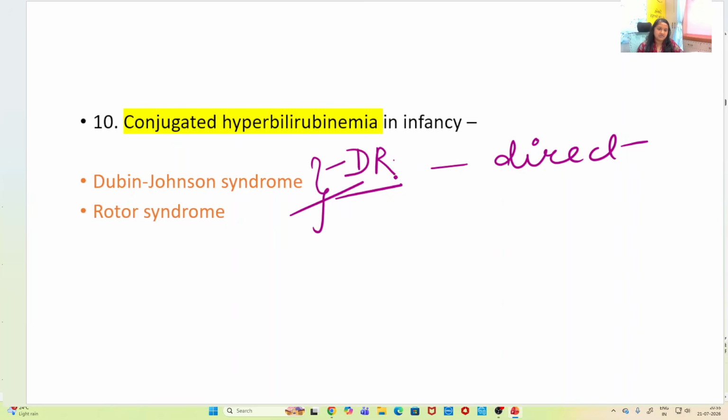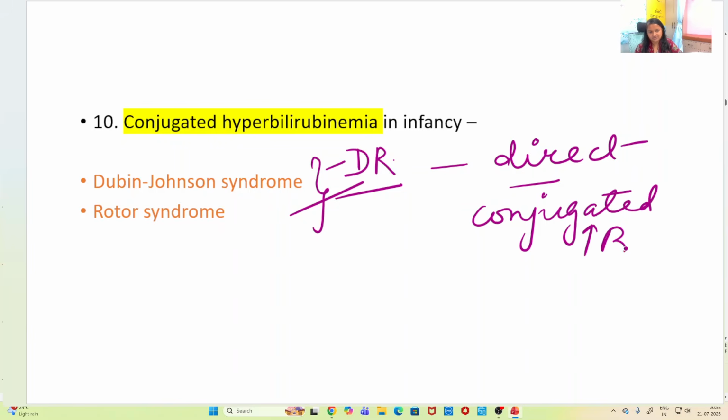D for doctor, D for direct. So remember this way, that it causes direct, or in other words, conjugated hyperbilirubinemia, and it's one of the congenital causes, and we will discuss later why it causes these.